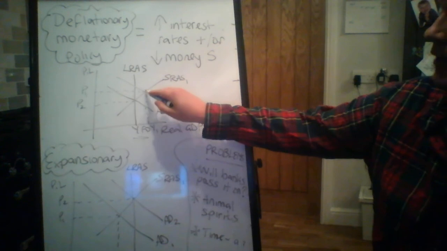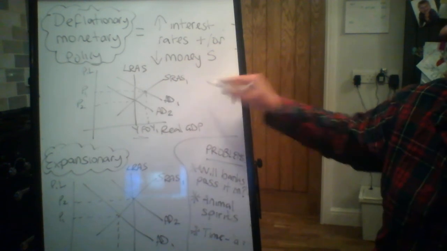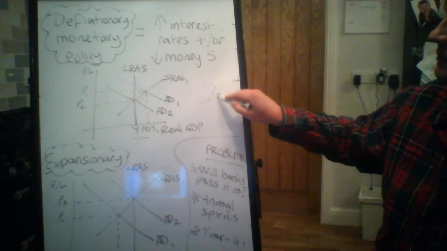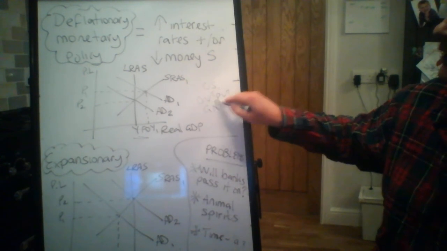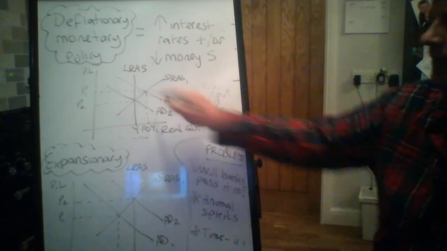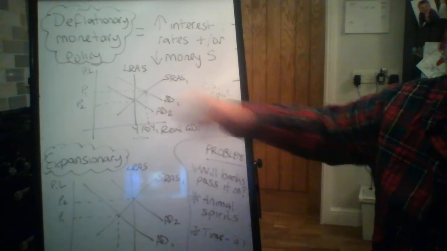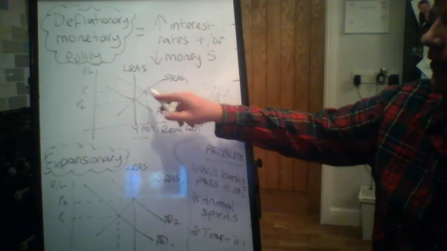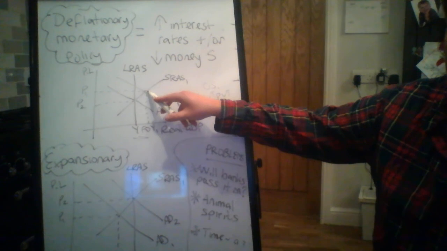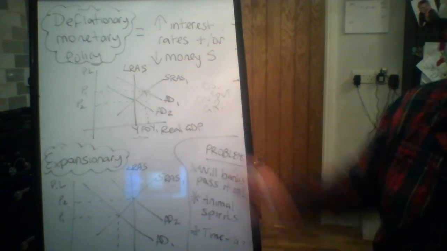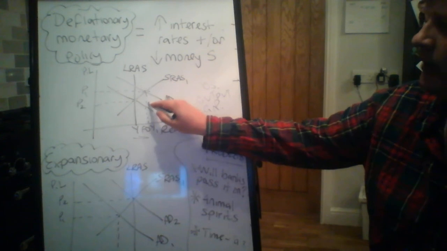Now here, the economy is operating in a positive output gap. Now when you're in a positive output gap, it means that actual output is bigger than potential output. And what this will mean is the economy's got lots and lots of scarcity, and that will mean you've got really, really high rates of inflation. So what you want to do now is to bring down aggregate demand.